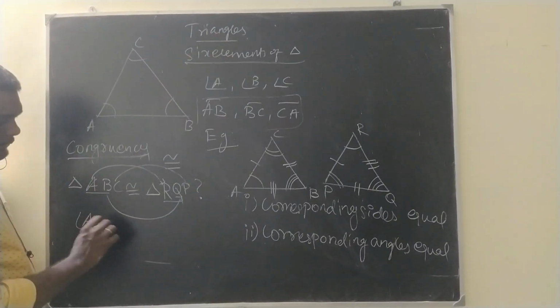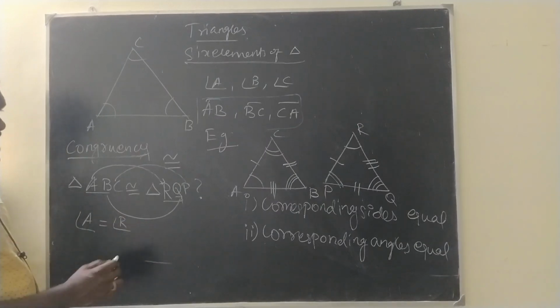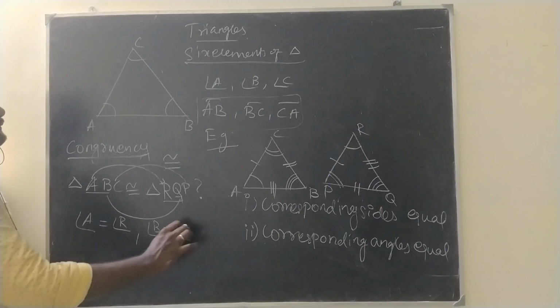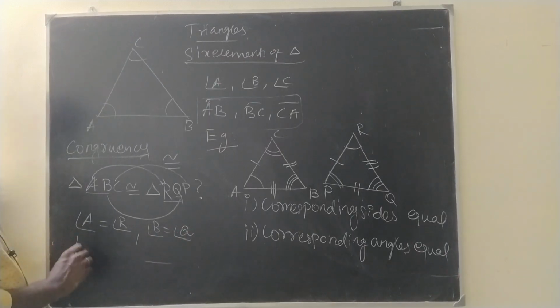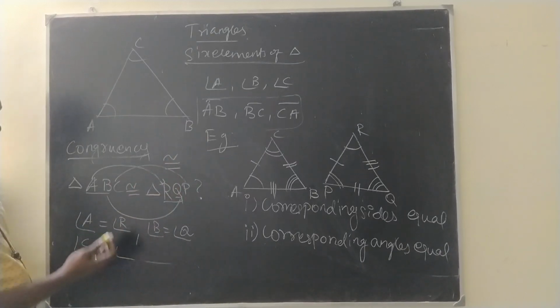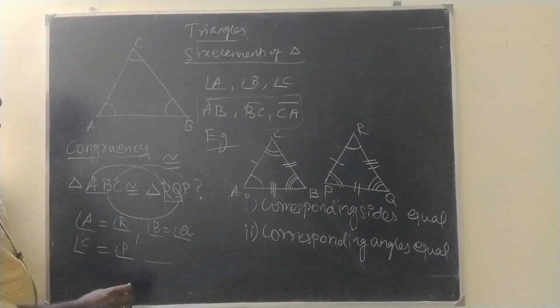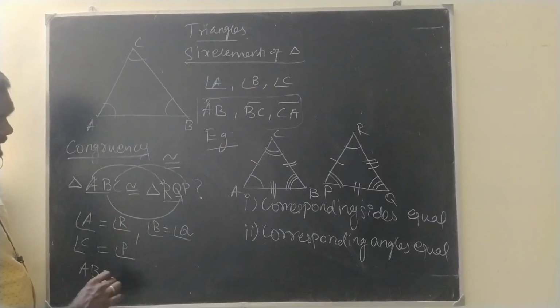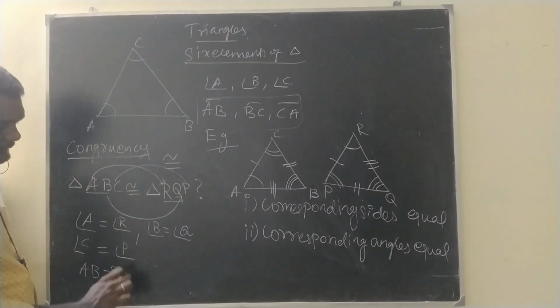Angle A is equal to angle R. Angle B is equal to angle Q. Angle C is equal to angle P. And AB is equal to RQ.